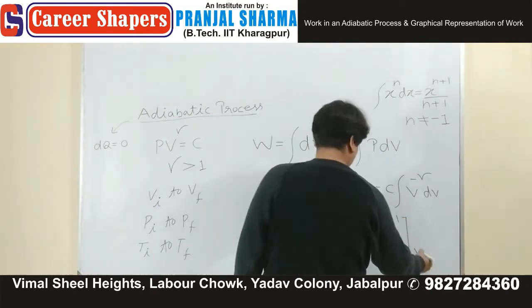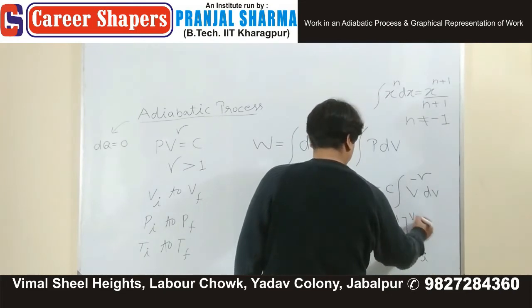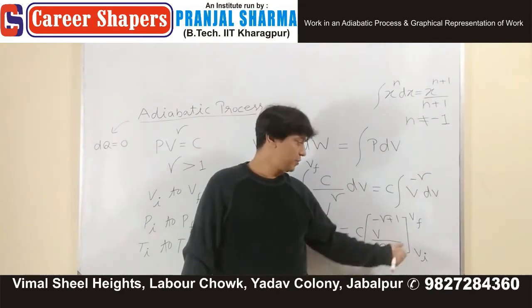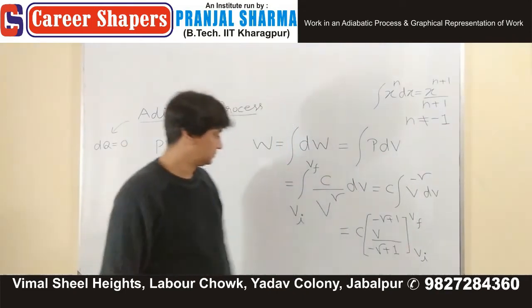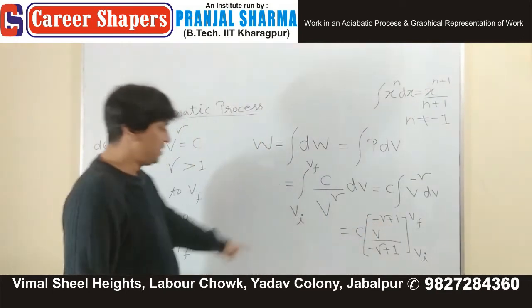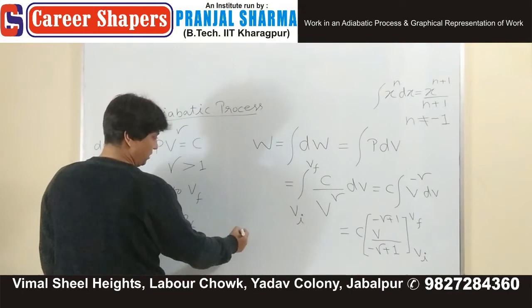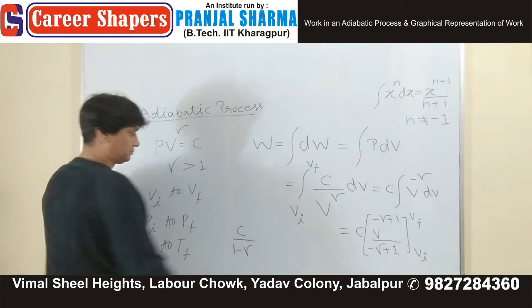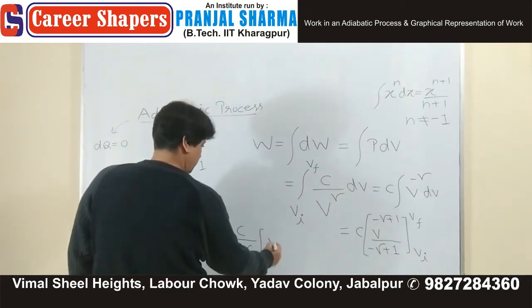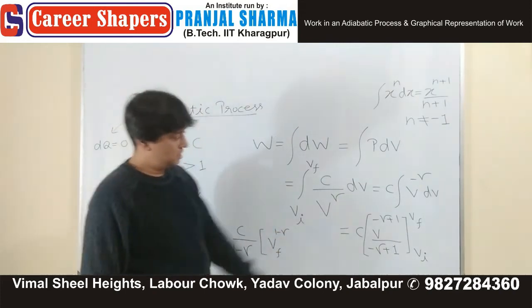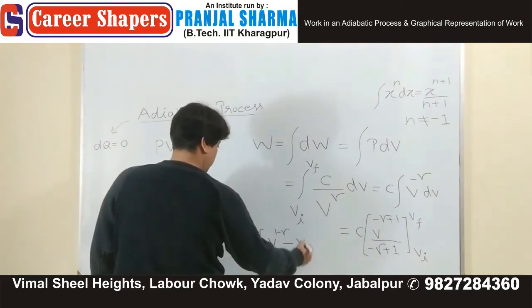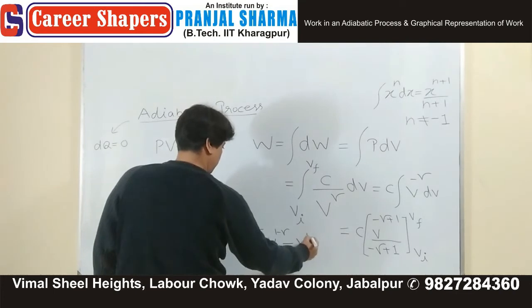Limits v initial to v final. We are integrating with respect to v, and therefore we are using limits of v. Now, when we integrate this, it will be c upon 1 minus gamma, v final 1 minus gamma upper limit, minus v initial 1 minus gamma.